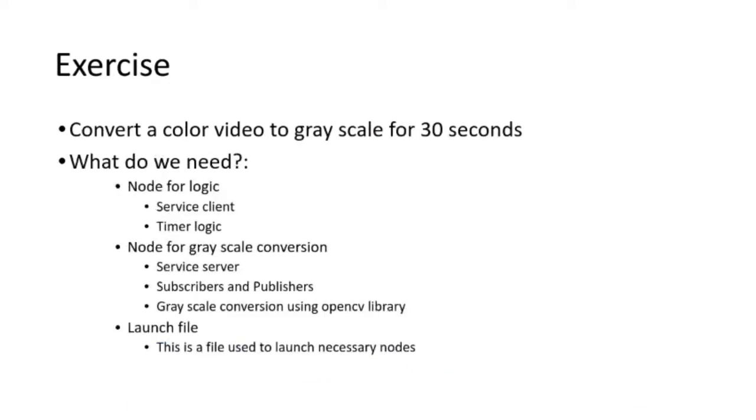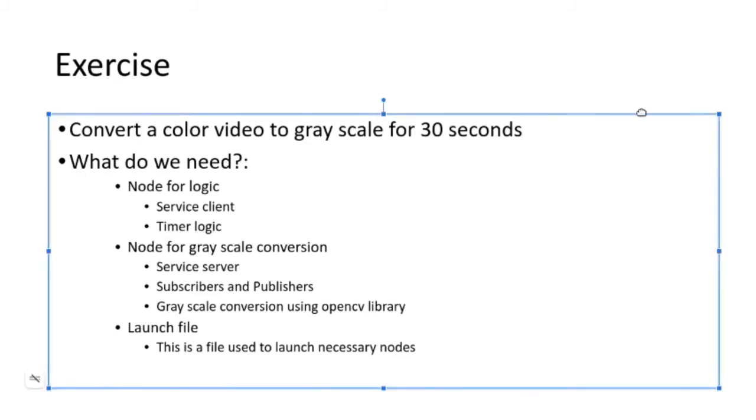All right. Now that we went over these basic concepts, we're going to do a little exercise to see how this stuff works. The exercise that I think would be good is to convert a color video to grayscale for 30 seconds.